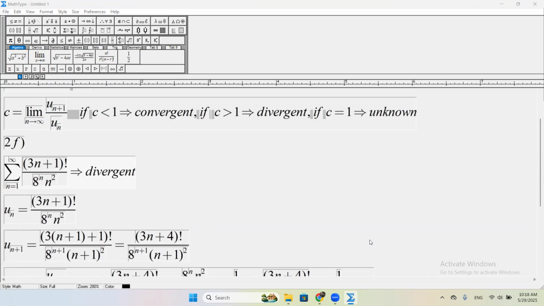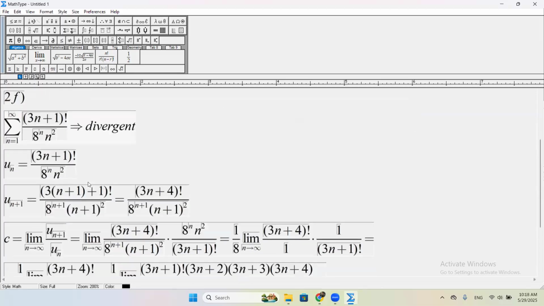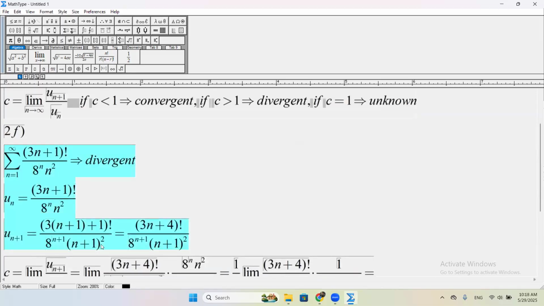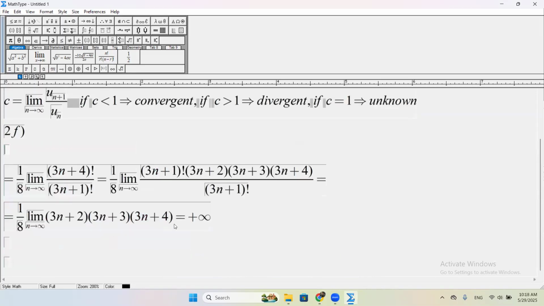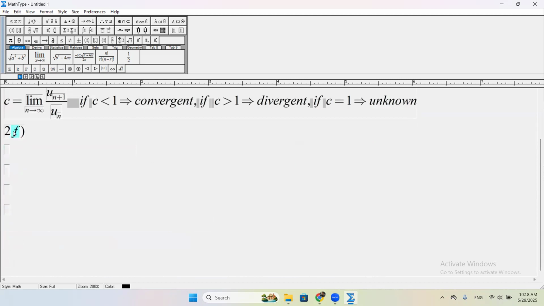Okay. So any questions about this exercise? Okay, if no questions, let's move next. So 2G.